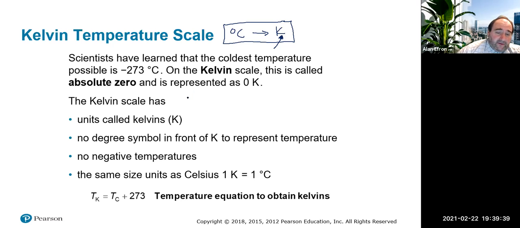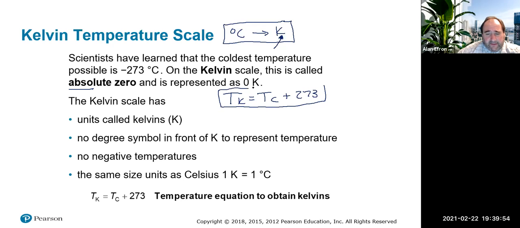So the Kelvin scale used to be called the absolute temperature scale. And to convert to Kelvin, like it shows on the bottom, you take the temperature in Celsius and you pretty much add 273 to it. So that 273 is an important number. That is typically what we add. The actual true number is 273.15.